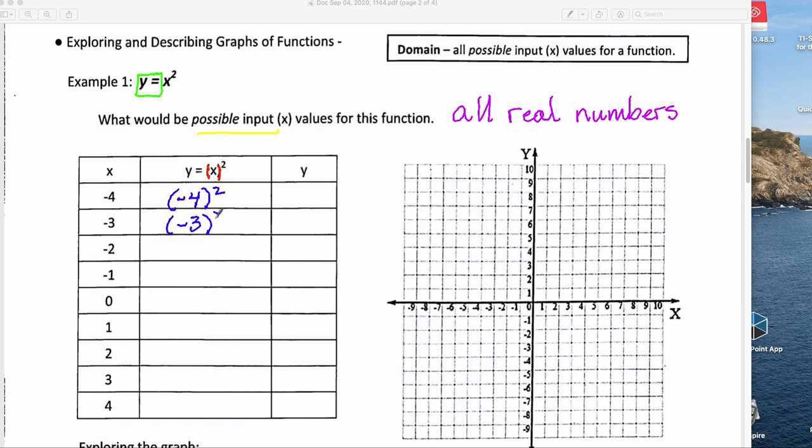If you're using a regular calculator, fill in this table and start putting your y values off to the side. That's what it would look like if you did it correctly.